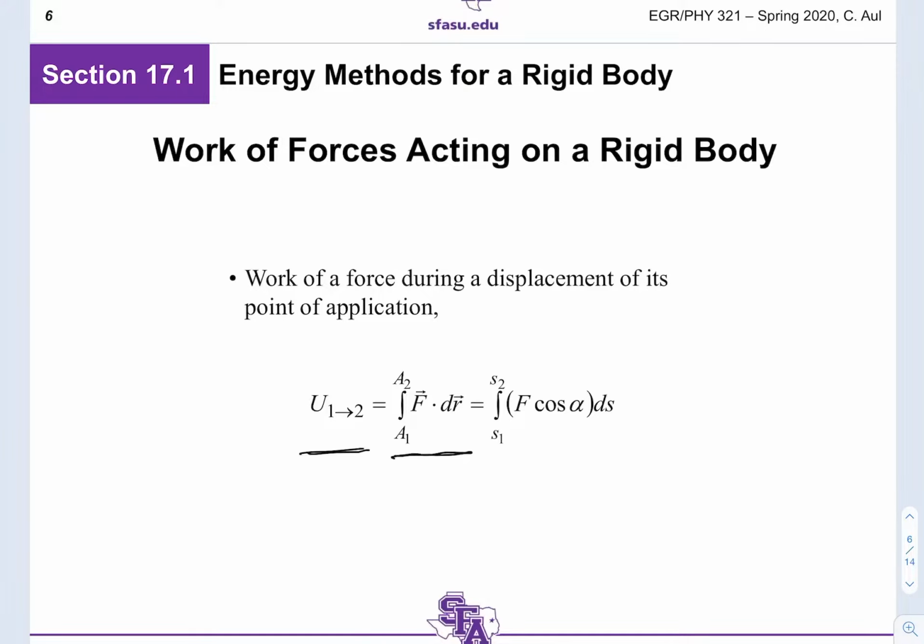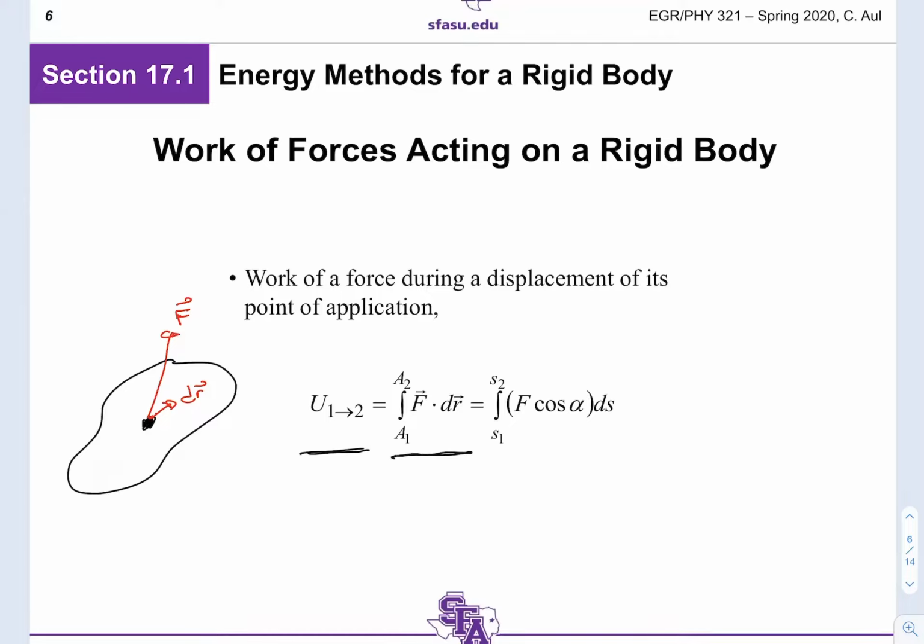So now let's think a little bit about work of forces that are acting on a rigid body. Generally, this is a restatement from section 13.1. We'd say that the work between any two states would be equal to the integral of the force dotted with dr, the change in position.